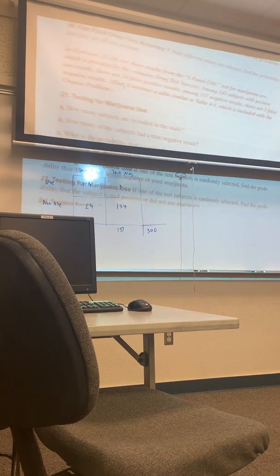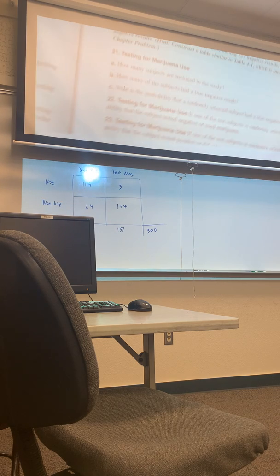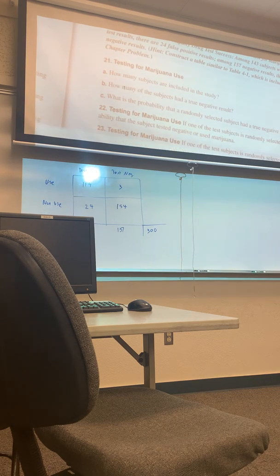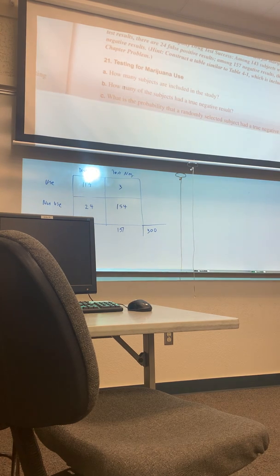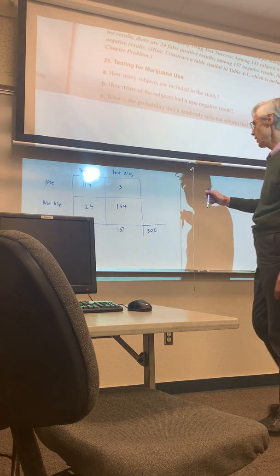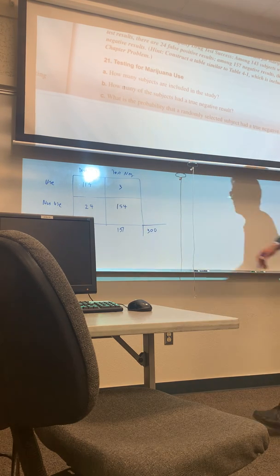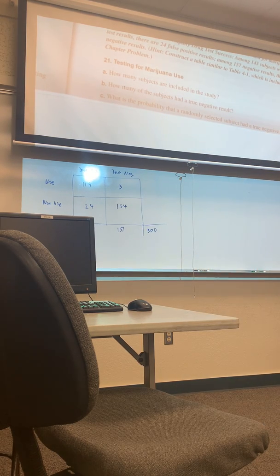So now you just have to find the probability of that. Well, that would be 154 over 300. Yeah, the number is 154, but the probability will divide that by 300. Okay.